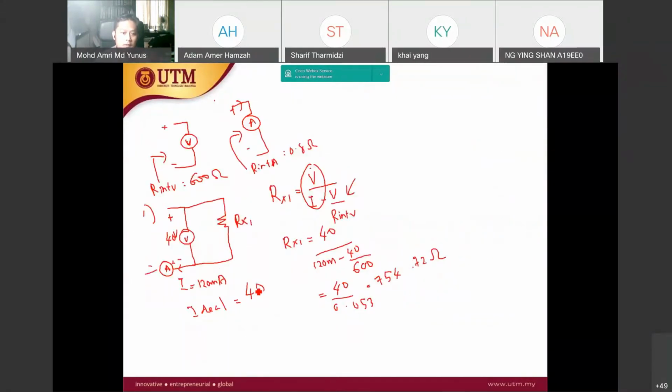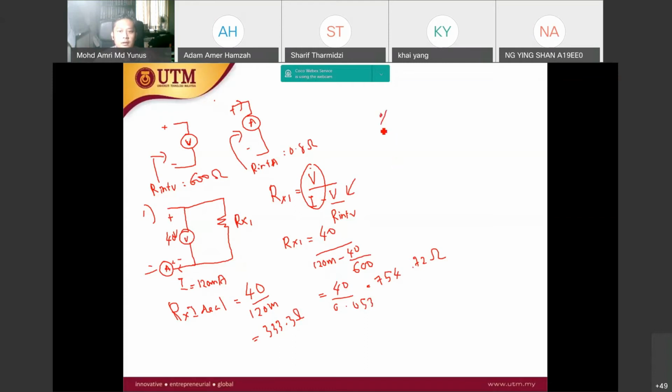So we see that the ideal is 40 over 120 milli, so Rx ideal is 40 by 0.12, you get 333.3 ohm. Okay, so the percentage error, let's calculate.